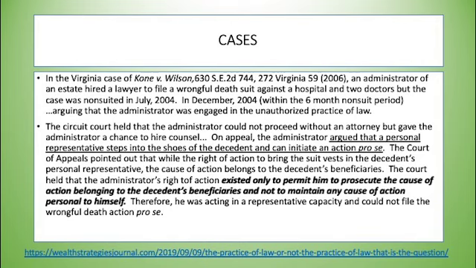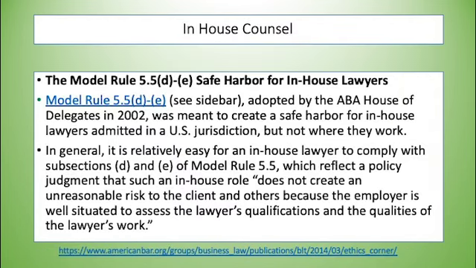So you can't defend yourself and defend an entity at the same time, and use the fact that you're defending yourself, being your own attorney, as a way to defend a company or corporation, or in this case, a hospital. So this brings us to the very tricky issue of in-house counsel.